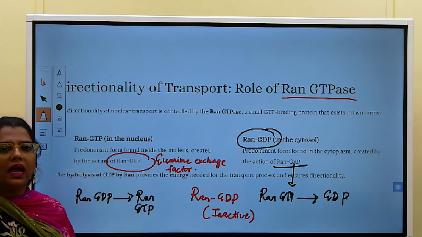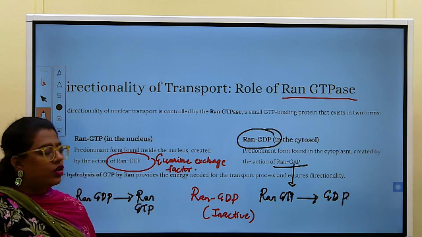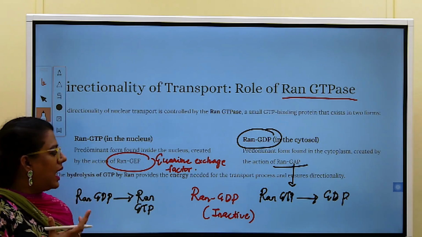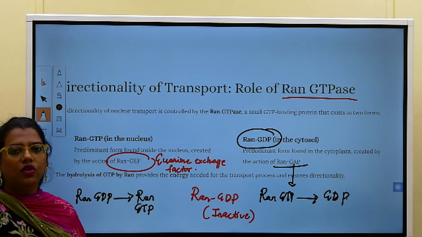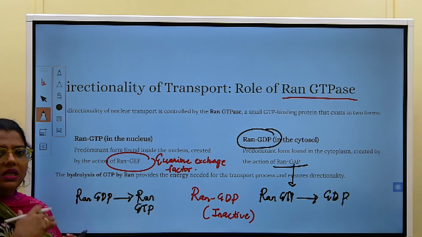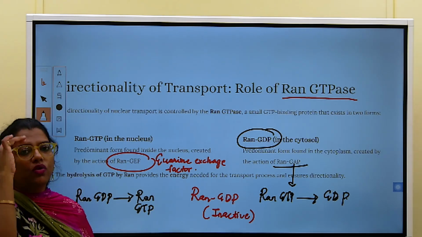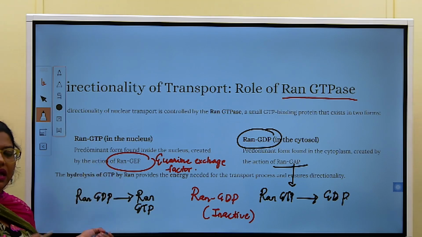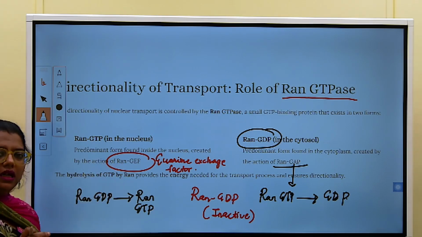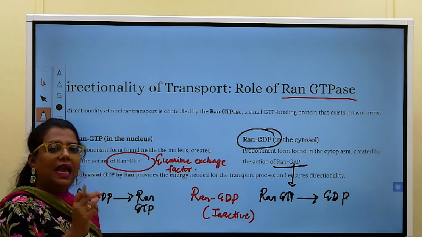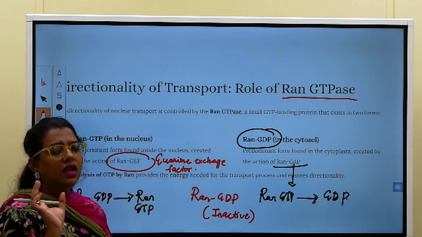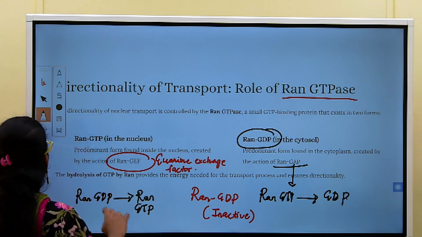So it is a guanine activating factor. It will activate the GTPase activity of RAN and convert RAN GTP into RAN GDP. So this is how the distribution of RAN is maintained. RAN GEF ensures that RAN GTP is present in the nucleus, and RAN GAP ensures that RAN GDP is present in the cytosol in predominant form.